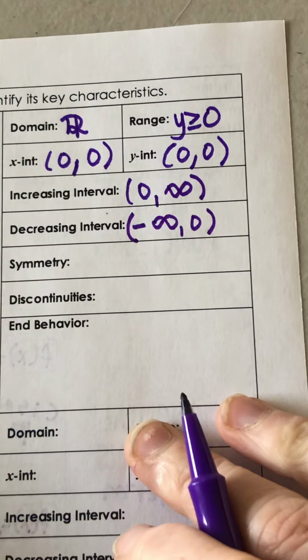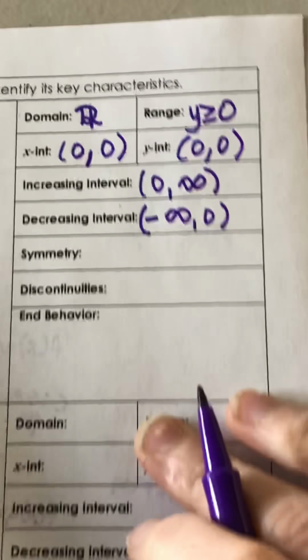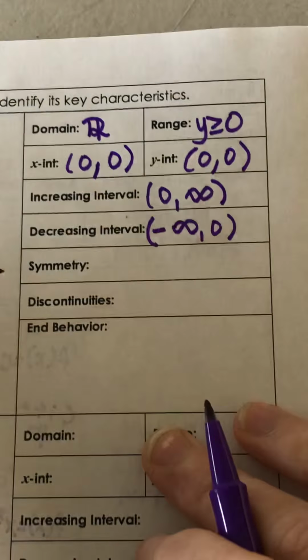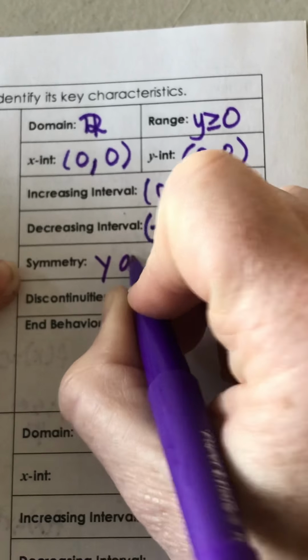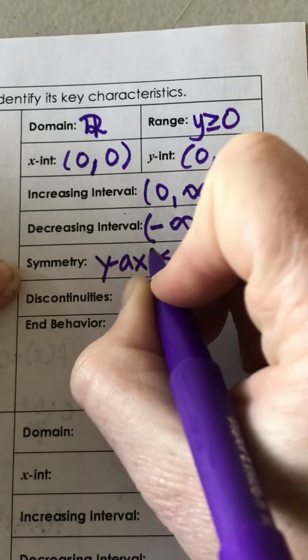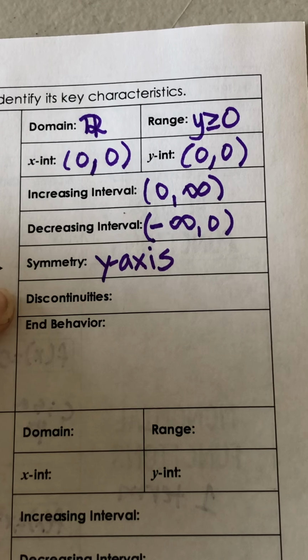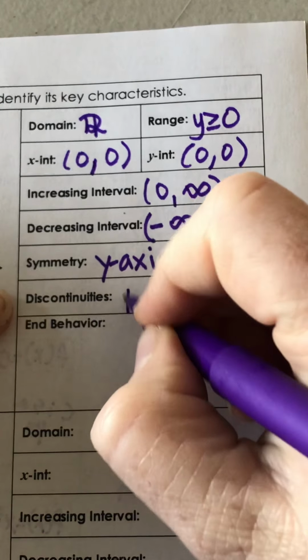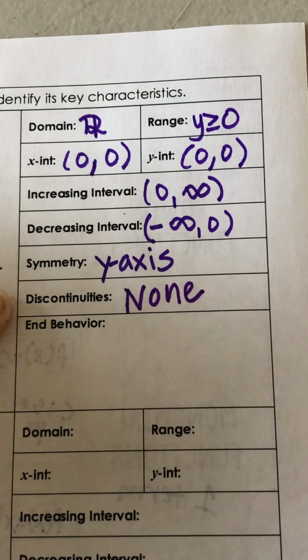And our symmetry, well, you could look at the graph, but even if you don't have the graph, we just said that an even function is symmetric about the y-axis. It has y-axis symmetry. All right, discontinuities. Is there anywhere where you have to pick your pencil up and start your graph again if you're tracing it? No, there's none. All right.